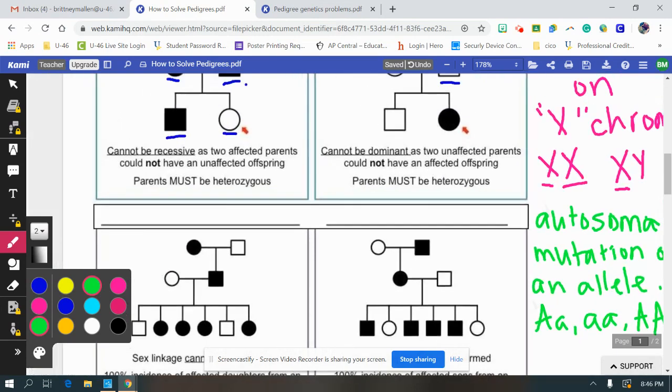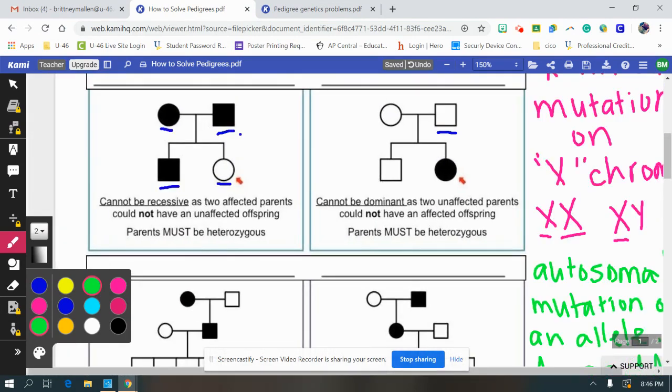So when we look at these examples up here, you have to also think about the difference between dominant and recessive, right? When you think about the Punnett squares we've been doing, you have a lot more cases of dominance in genes than recessive, since typically not as many of us carry that recessive gene. So a really easy way to tell the difference for autosomal dominant and recessive is how often you see the gene.